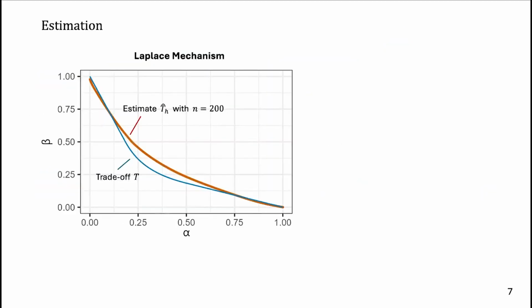Here we consider the Laplace mechanism, where its true trade-off function T is given by the blue curve, and the estimate T_h is given by the red curve. We obtain this estimate with the help of the perturbed likelihood ratio test and with sample size n equals 200.